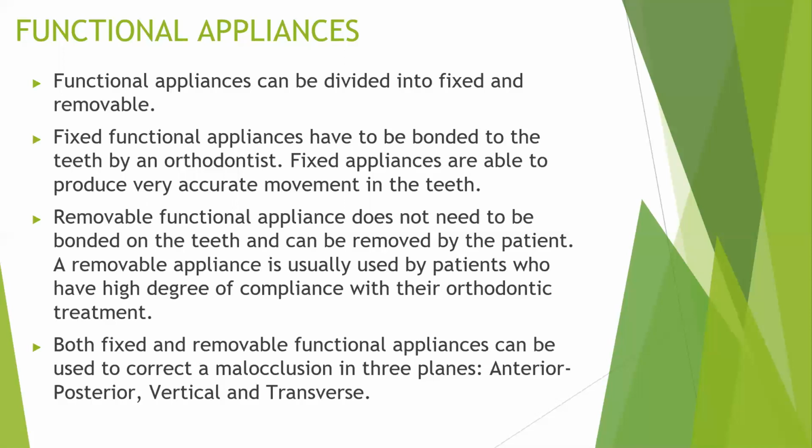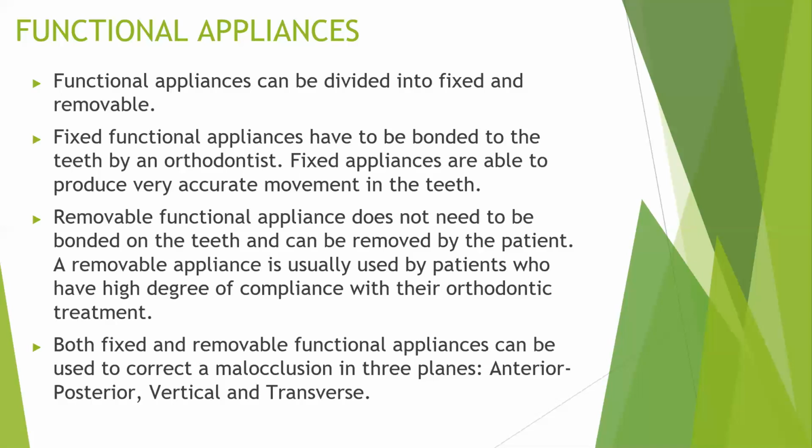Both fixed and removable functional appliances can be used to correct a malocclusion in 3 planes: anterior-posterior, vertical, and transverse. Many times, removable functional appliances are used by child movie stars. A child will come to the office and they may have a role on television or they're making a movie.